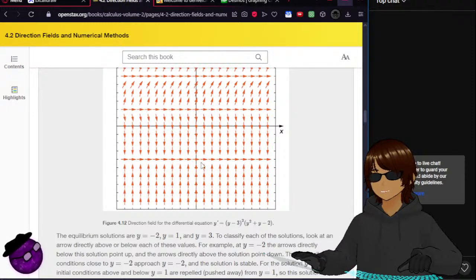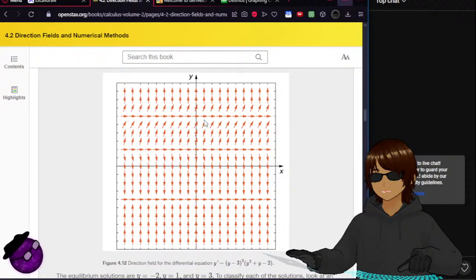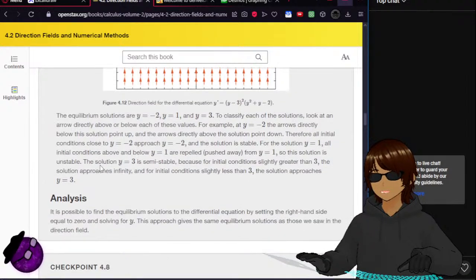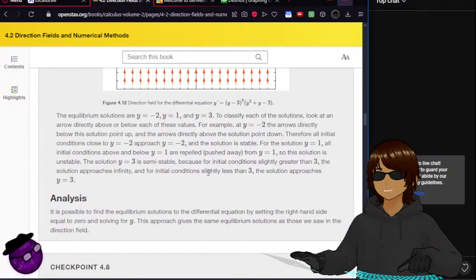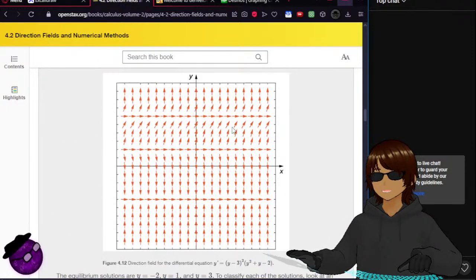So stable, unstable, and semi-stable if it's stable from below. The solution y equals 3 is semi-stable because for an initial condition slightly greater than 3, the solution approaches infinity, and for an initial condition slightly less than 3, the solution approaches y equals 3. Okay, now I understand.